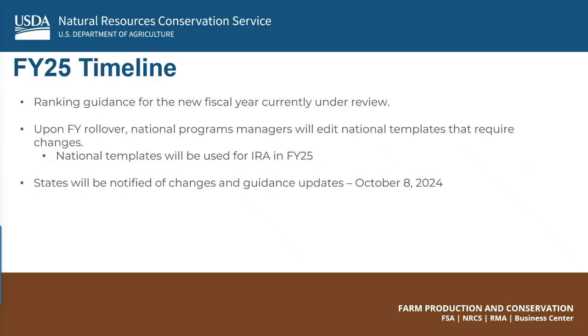One big change that I was asked to share is that we are going to go back to separate national templates for IRA. This is to make sure that we are indeed contracting the correct practices. This is a good way for us to control, because we can limit what practices are available to even be included in a ranking pool before it is developed at the state level. Putting these controls in place will help us to ensure that we are spending those funds according to what the authority allows.